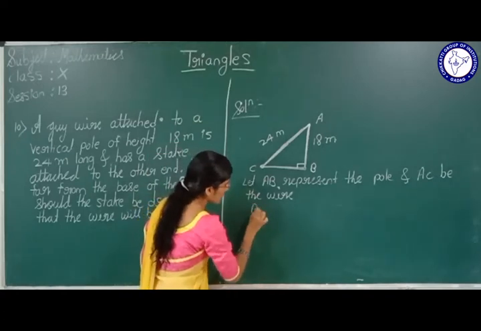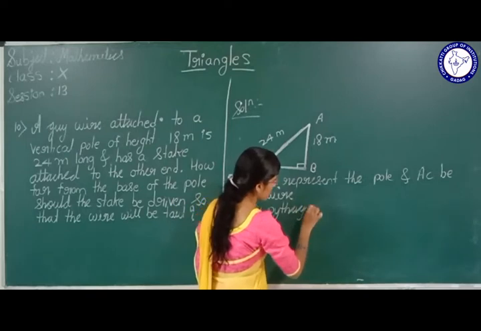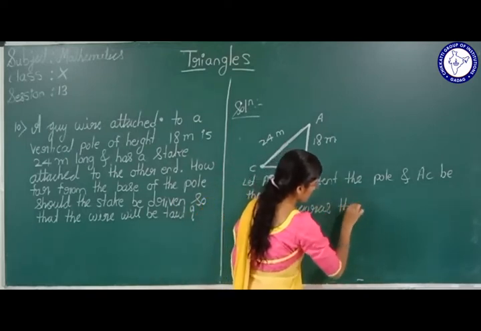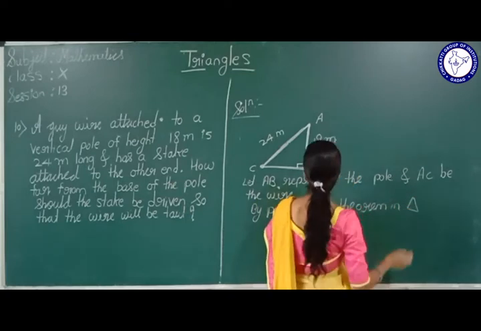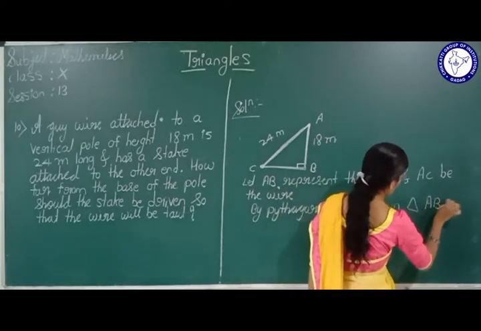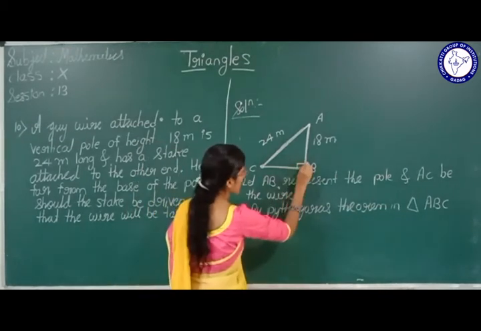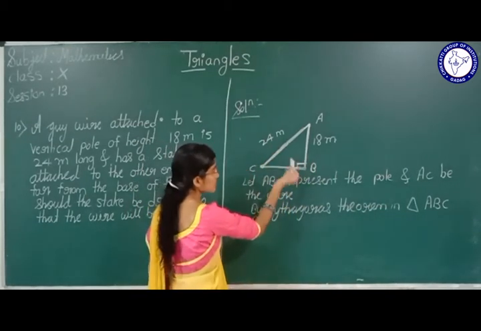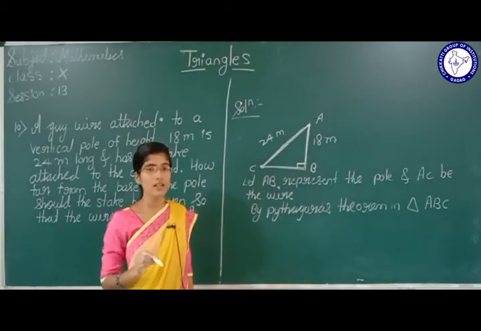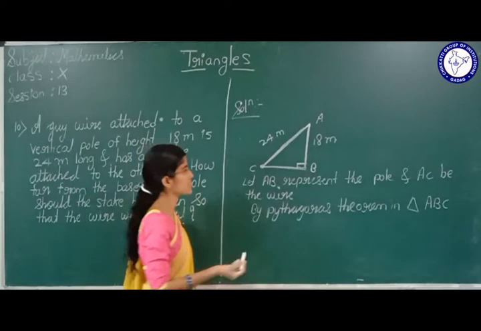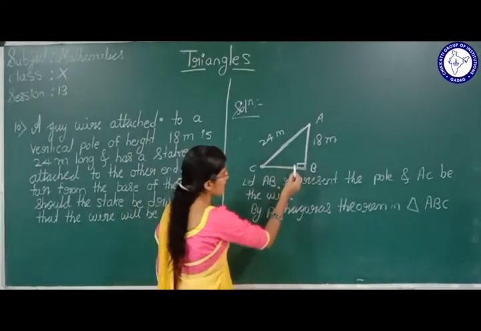See here, by Pythagoras theorem in triangle ABC, here angle B is 90 degree. What does Pythagoras theorem tell us? In a right angle triangle, the square on the hypotenuse is equal to the sum of the squares of the remaining two sides. Here angle B is 90 degree.